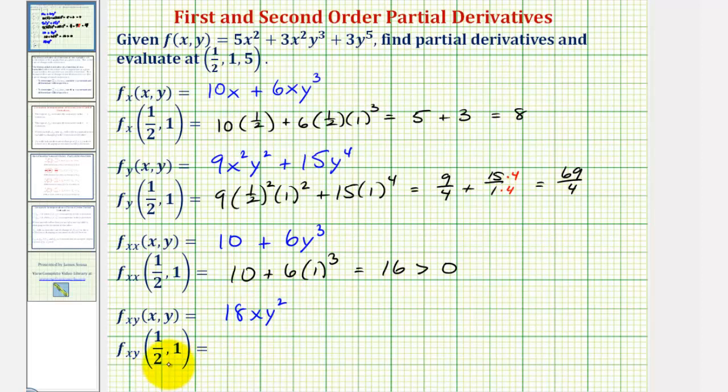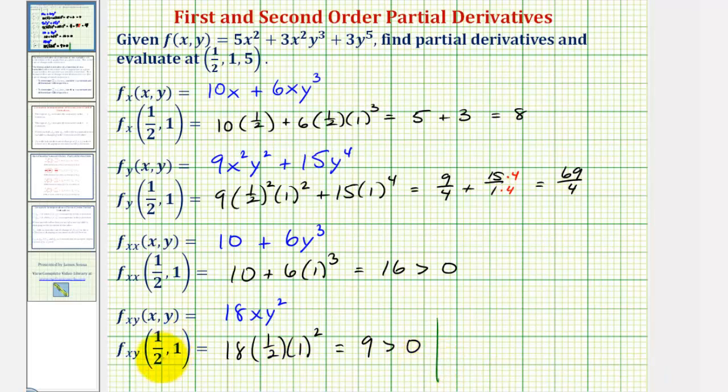So let's evaluate this at our point. So we'd have 18 times 1/2 times 1^2. So this would be 9. And again, notice how this is positive, or greater than 0, which means the slope of the tangent line in the x direction as we move in the y direction is increasing.